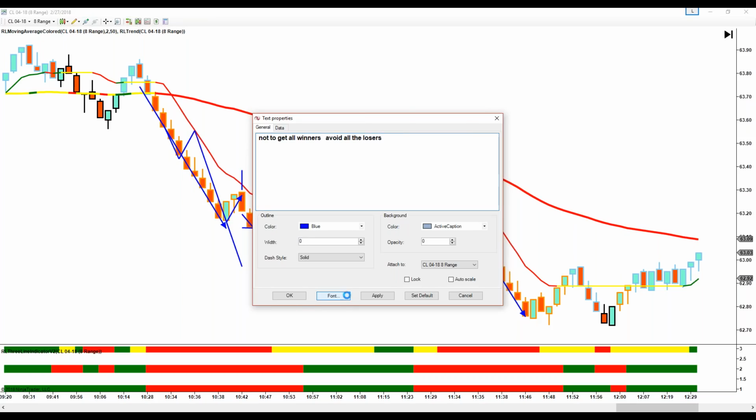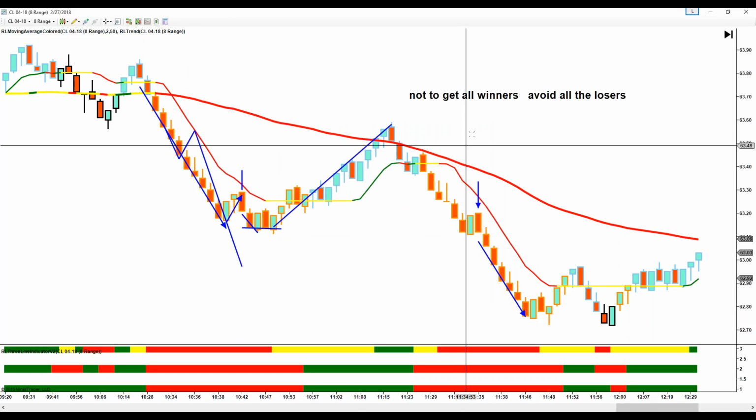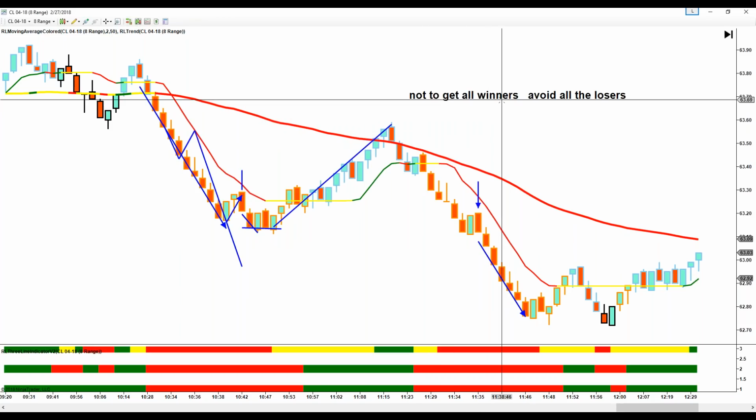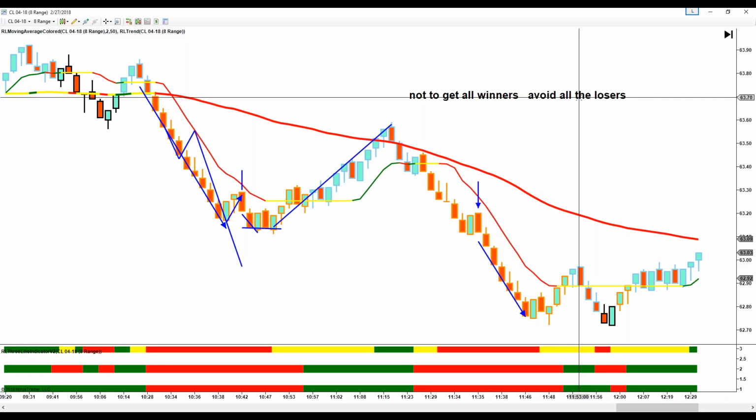We're always going to get a loser or two. Not every signal works. We're never going to get into all the winners because we don't care. We want the 3-line to align, but we want to avoid almost every loser. And if we do that, we will easily make a really nice profit every month. Now, every week. This week we're heading towards a $2,000 week simply because we're avoiding all the losers.